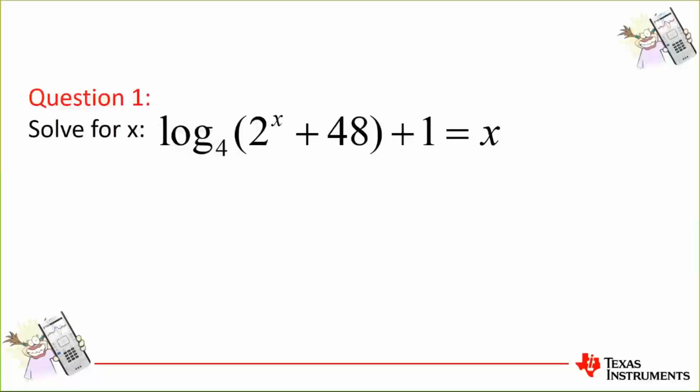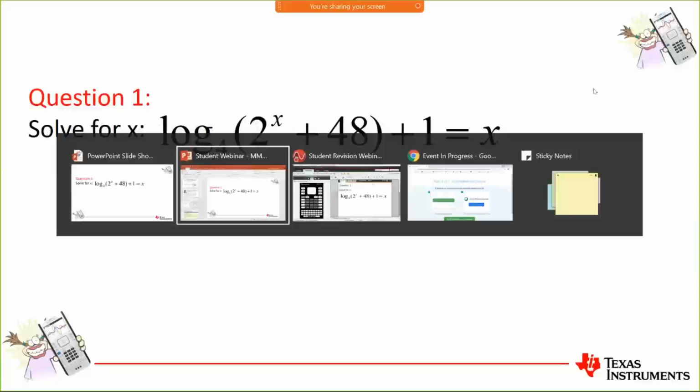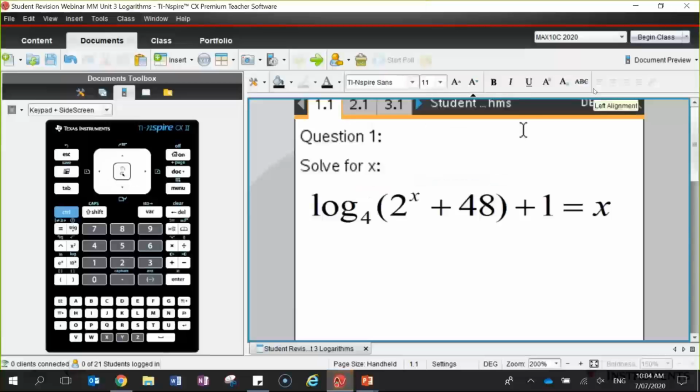I'm going to show you 2 methods for solving this question using your graphics calculator. So we'll jump across to the graphics calculator. I've got the question here on my screen. Method 1, we're going to use a calculator page and the numerical solve option.